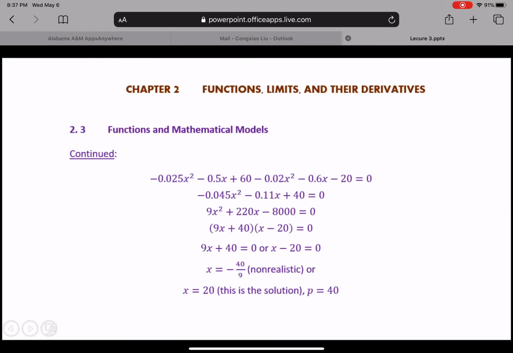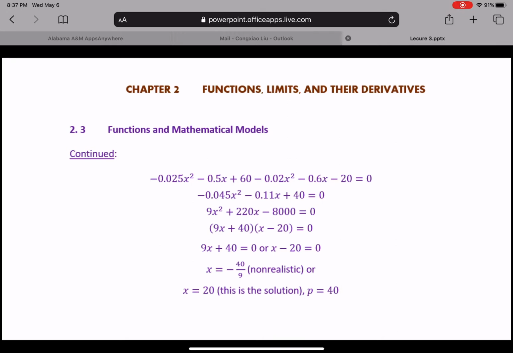So what we get is negative 0.025x squared minus 0.5x plus 60 minus 0.02x squared minus 0.6x minus 20 equal to 0. So all the terms become negative if we move from right to the left. And then we combine like terms, we get negative 0.54x squared minus 0.11x plus 40 equal to 0.